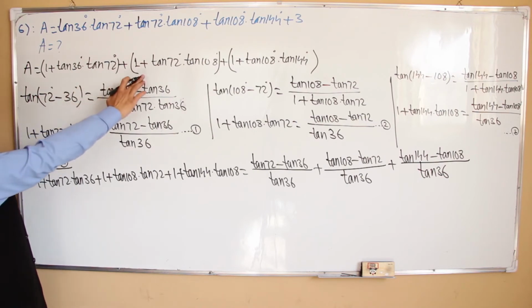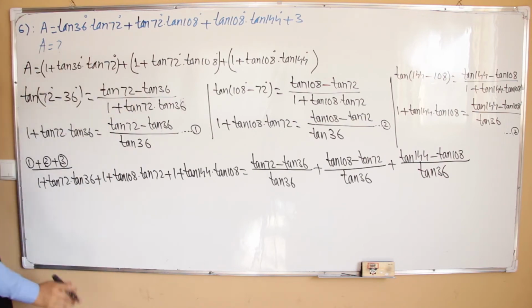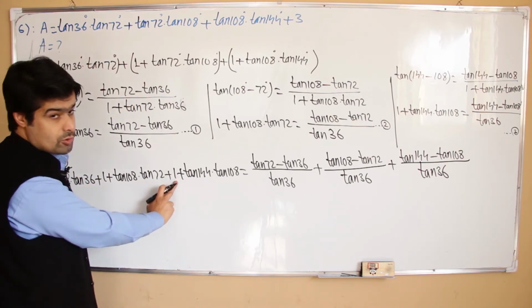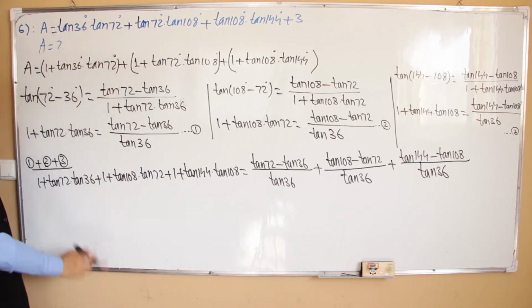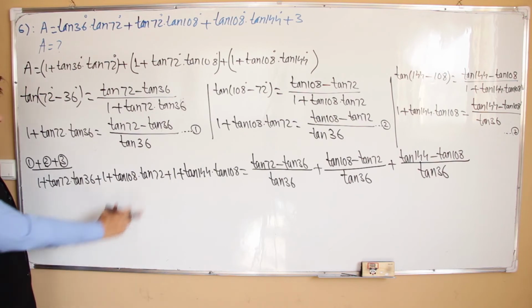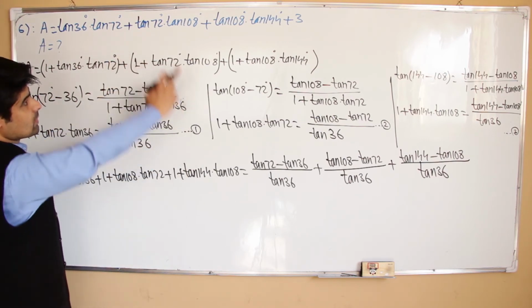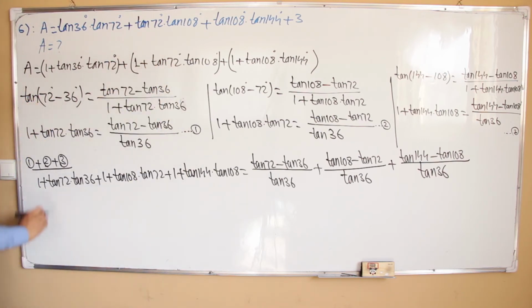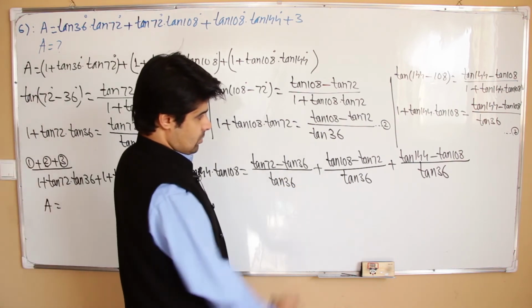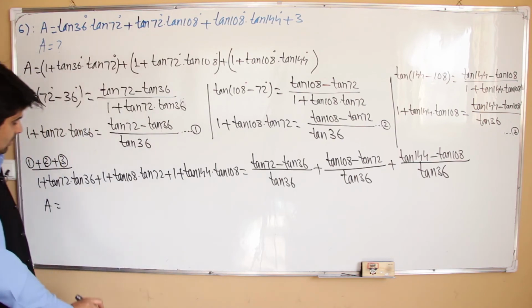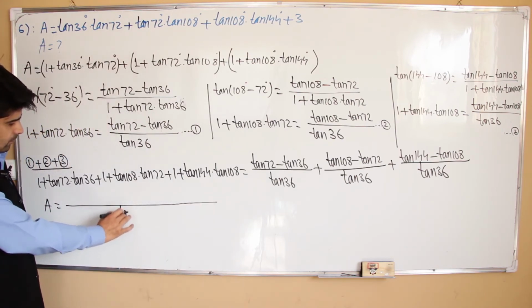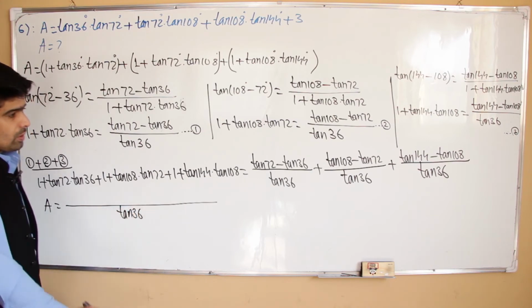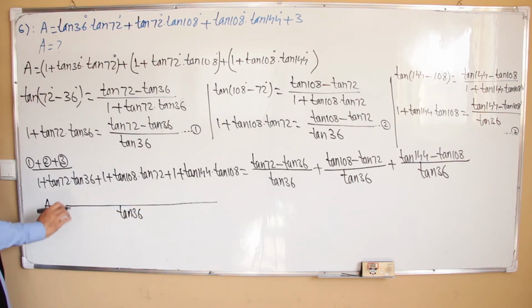Is it correct? Yes. Now, what is this one? This one is A. 1, 1, 1 is 3, plus tangent 36 times tangent 72 or tangent 72 times tangent 36, we can change the position. This one is our second term. This one is our third term. So, this is our A. Now, here we have tangent 36 as a factor in denominator. Now, what do you have in numerator?